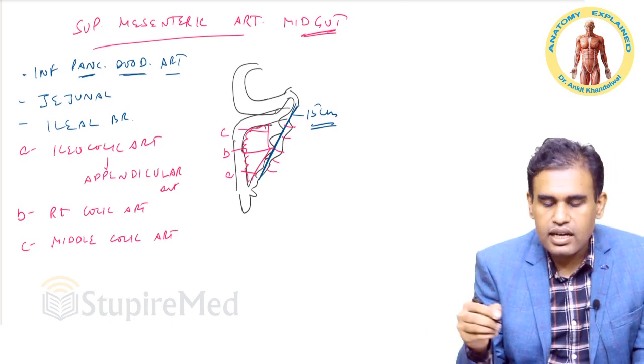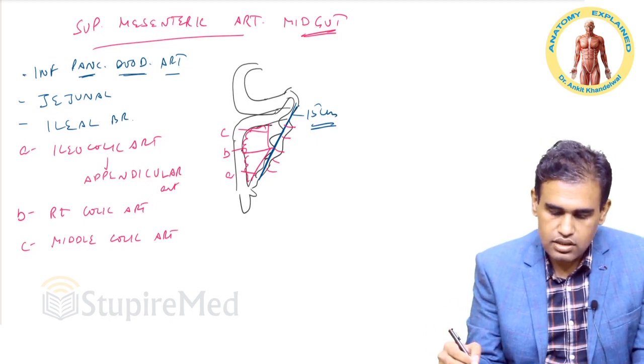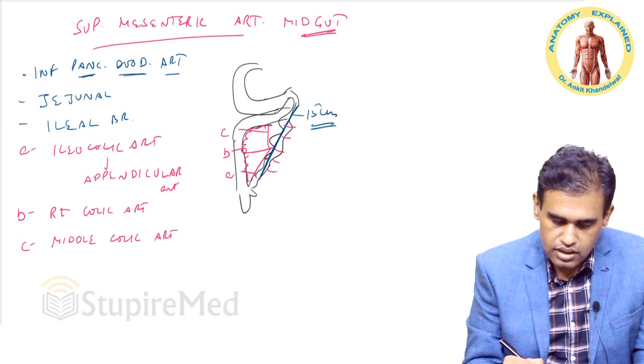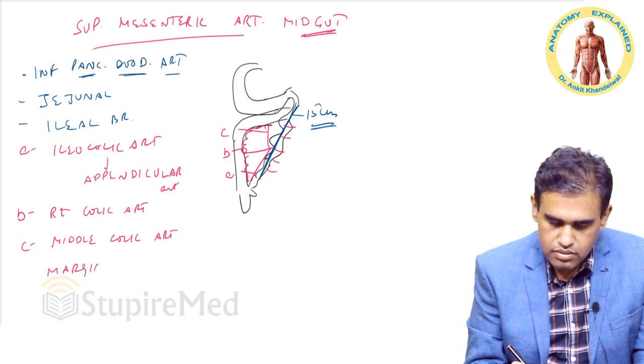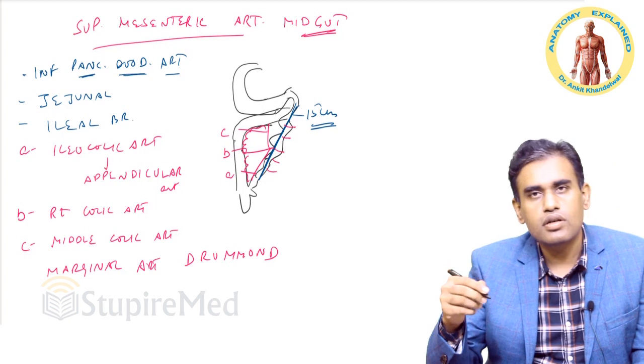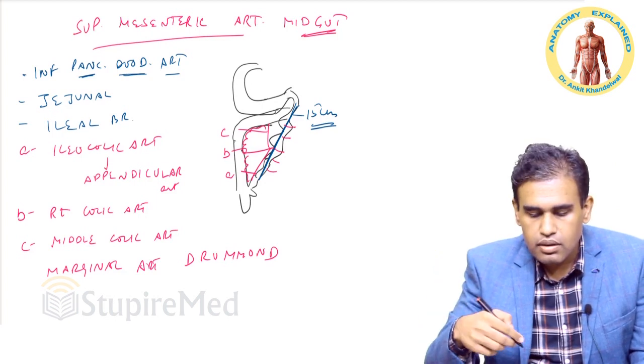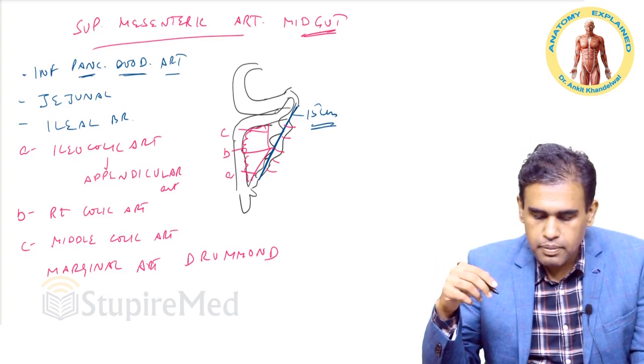All these arterial arcades form around the colon as the marginal artery of Drummond. Up to the proximal 2/3 of the transverse colon, these will be the branches of the superior mesenteric artery.